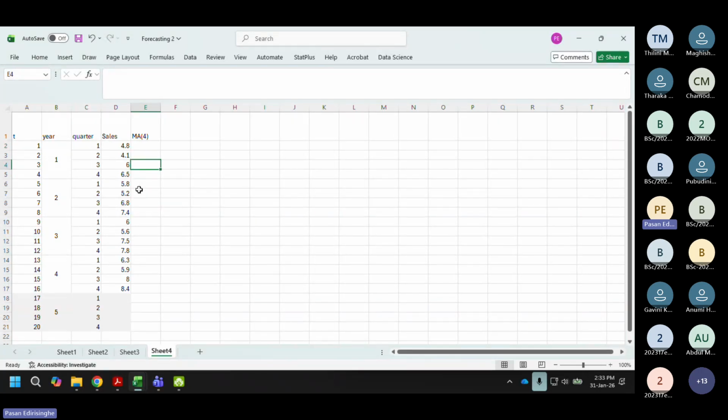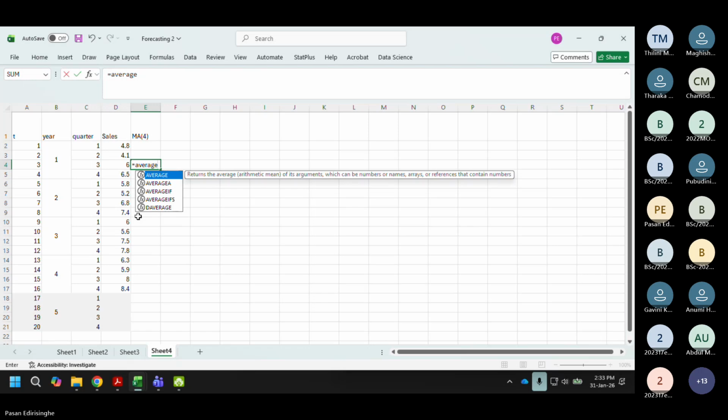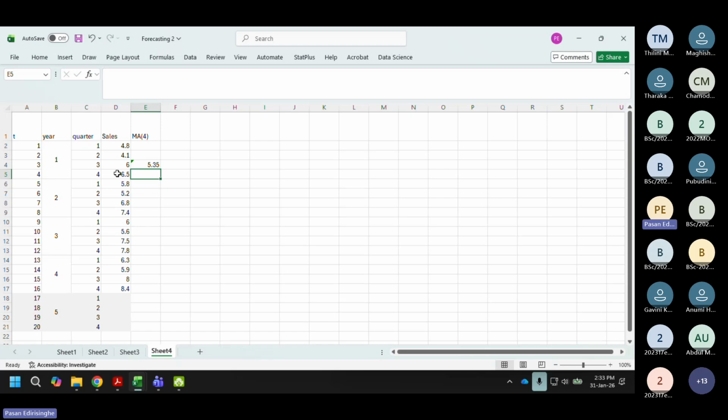So let me put that number here. I'm taking the average of these four, but once I take the average of these four, I cannot put it over here. I have to put it on this line here, but I cannot do it on Excel.